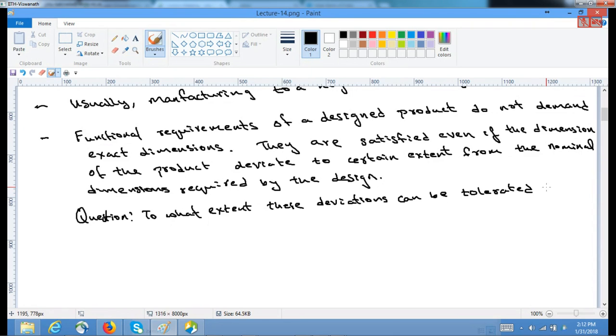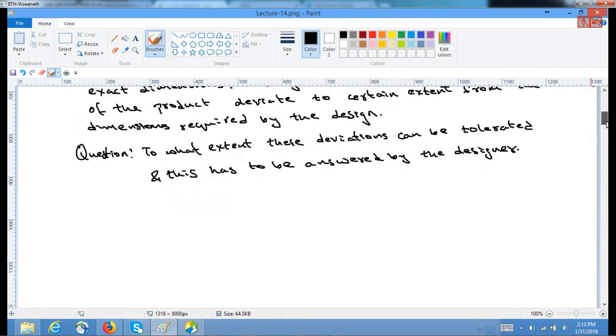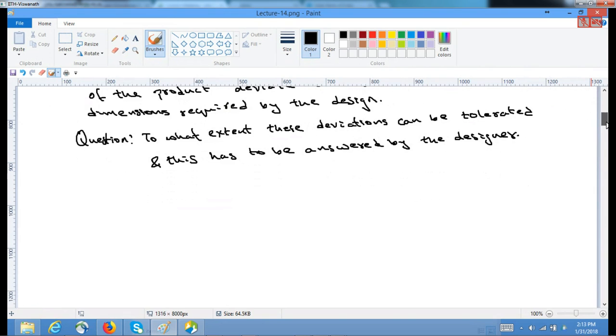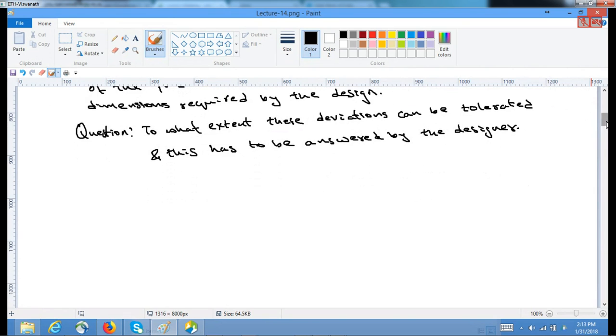And that has to be answered by the designer like us. So since you don't need exact, you can live up to certain deviation for a given design, which would be specified by the designer. We should know how these tolerances, or this deviation, can be quantified.